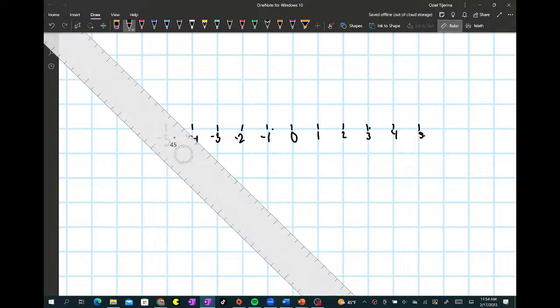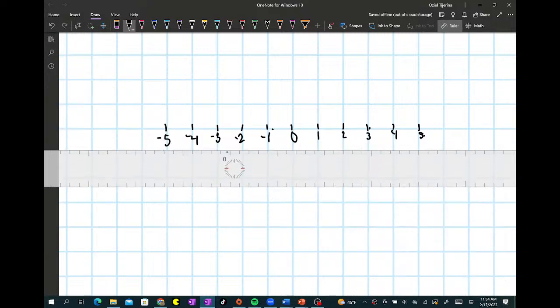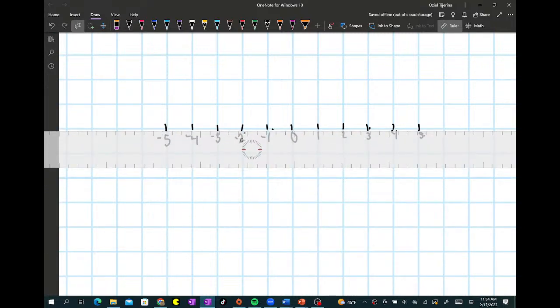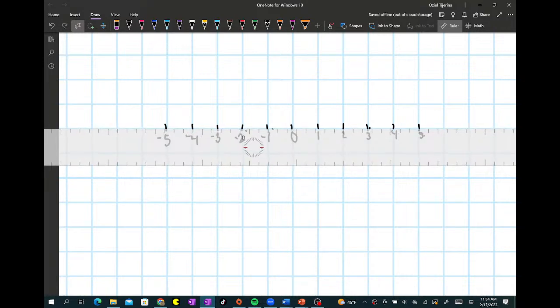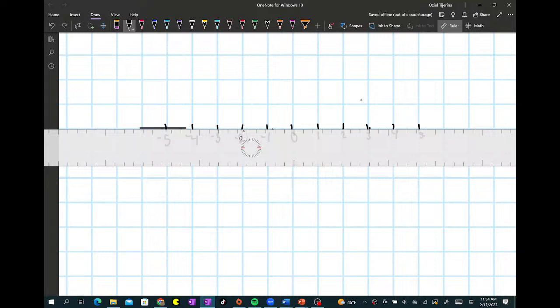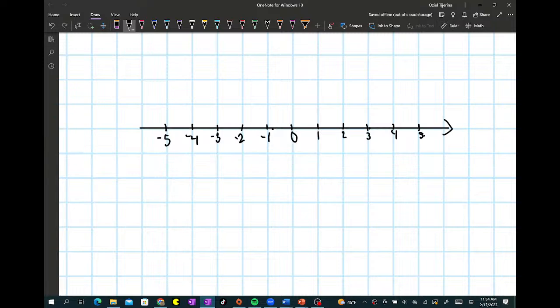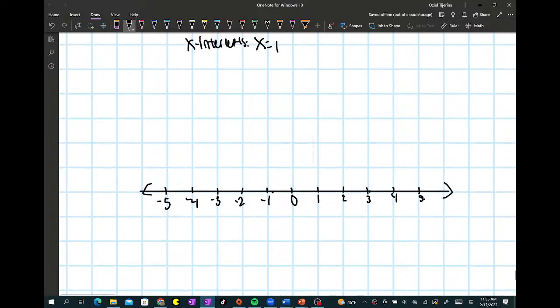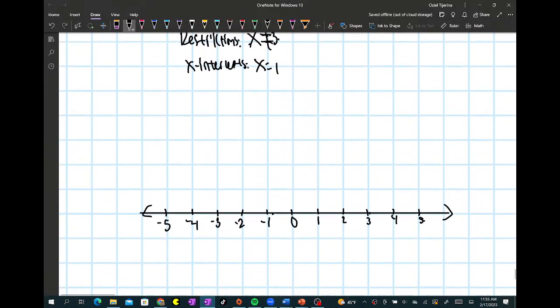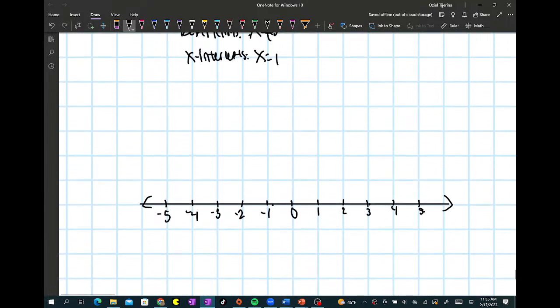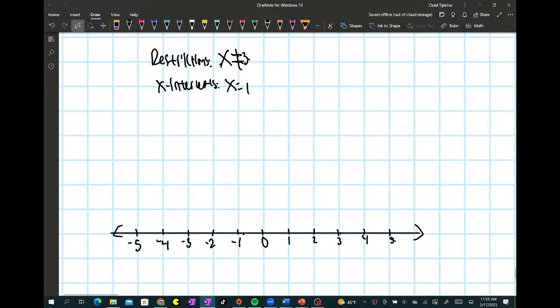And obviously, like I said, the restrictions are x cannot equal 3. When there's a restriction, it means that that number is not included in the interval.